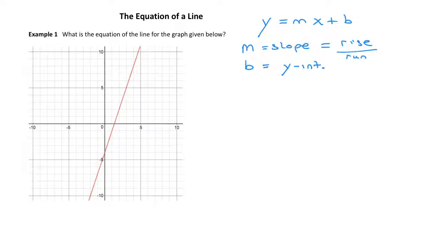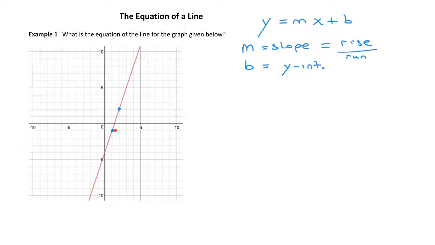So I'm going to pick a point. I guess I'll choose this point here. And I see I can travel from this point to this one and end up on the line again. So I'll mark that one as well. And the question is, how far did I go over the run and how far did I go up the rise to travel between these two points?